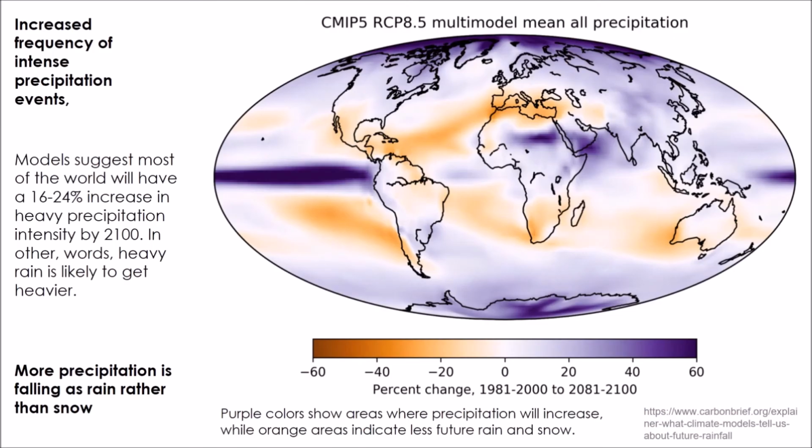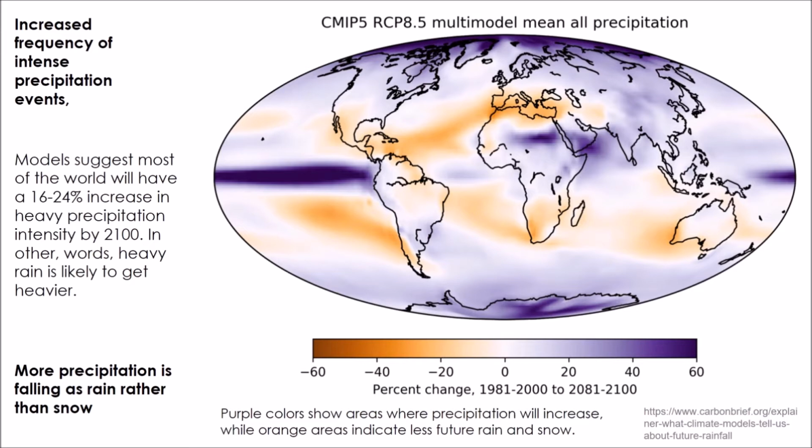Apart from the increase in temperature, global warming and sea level rise, there has been change in the amount and the pattern of precipitation. There have been increased frequency of intense precipitation events. Studies have suggested that across the world a 16 to 24% increase in heavy precipitation intensity would be observed by 2100.